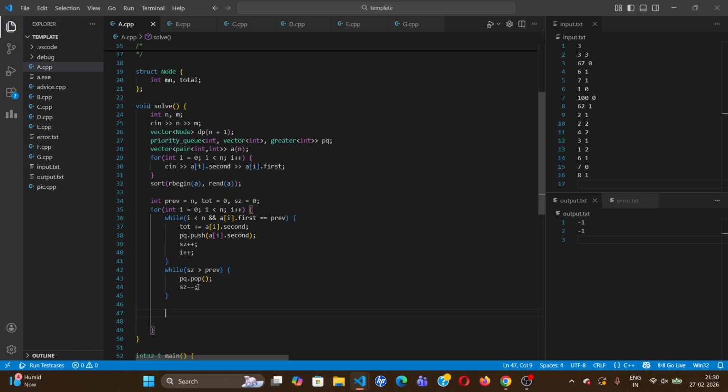Then is equals to this previous and that previous is not same. That previous is already covered. From here there is a new previous.